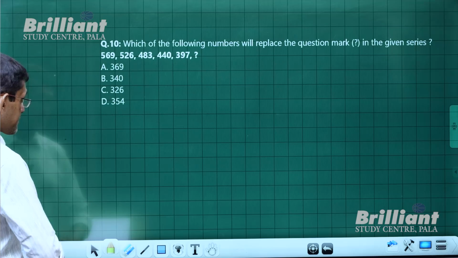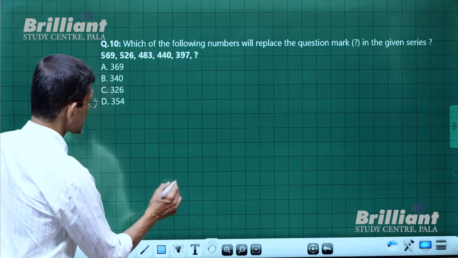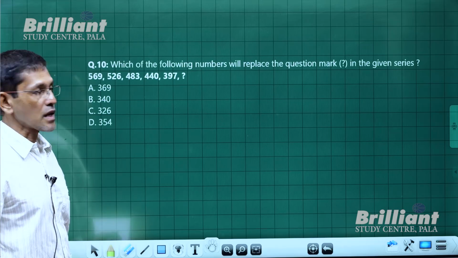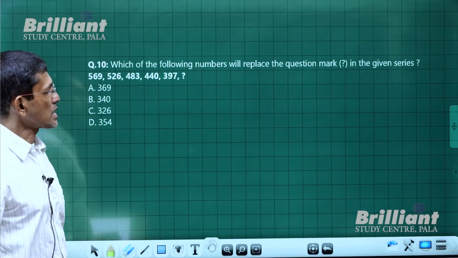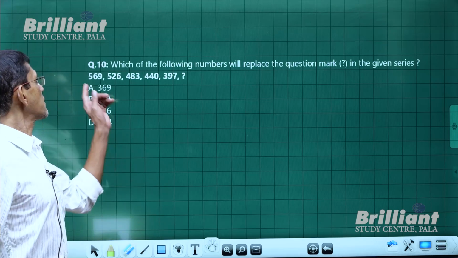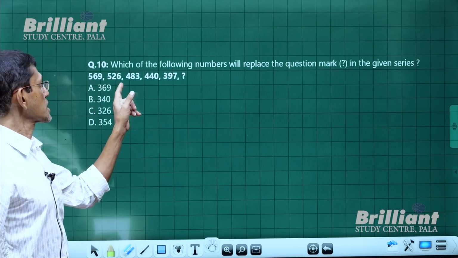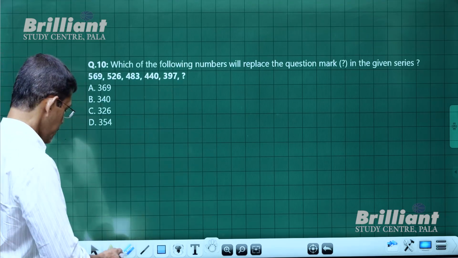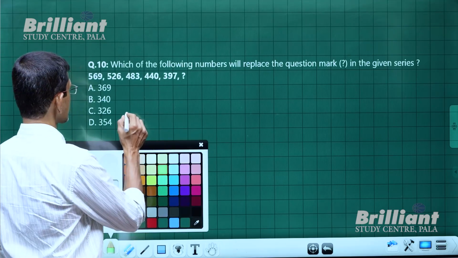Next one. Number 10. Which of the following numbers will replace the question mark in the given series? We have 569, 526, 483, 440, 397. So what is the peculiarity of these numbers?